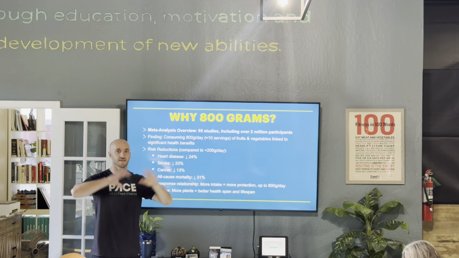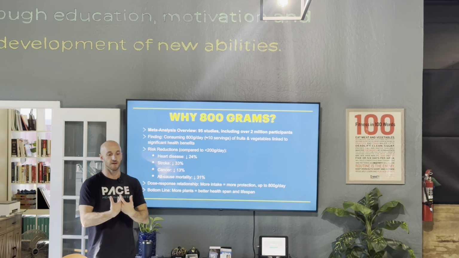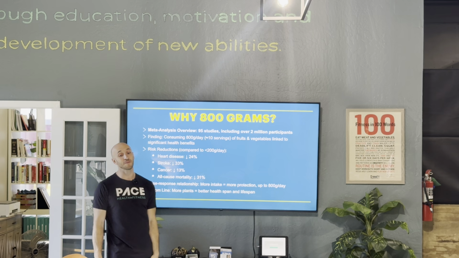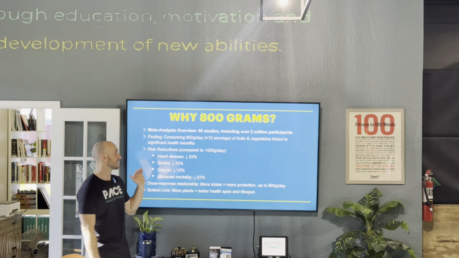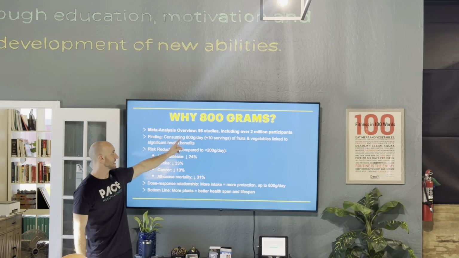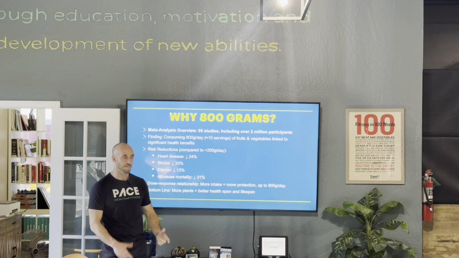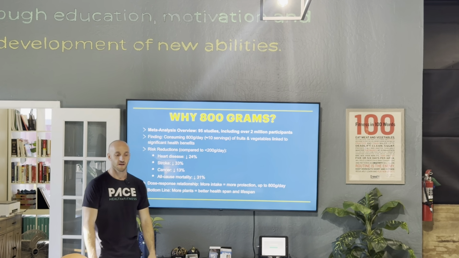That means they took all these different studies, figured out the results, and put them all together, right? In this case, it was 95 studies, including 2 million participants. So quite a bit, right? And what they found across the board was that consuming 800 grams a day, or about 10 servings, was linked to significant health benefits.